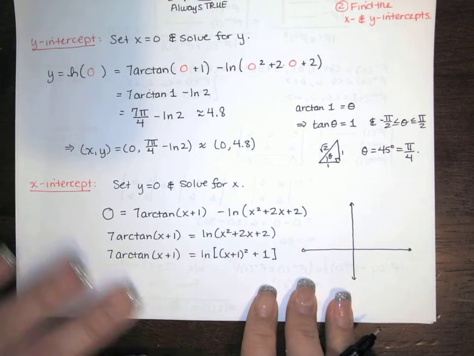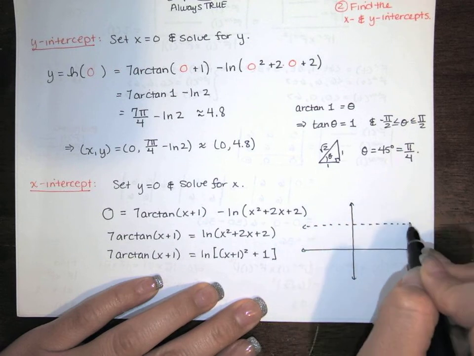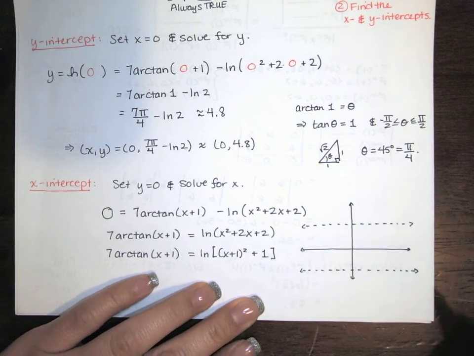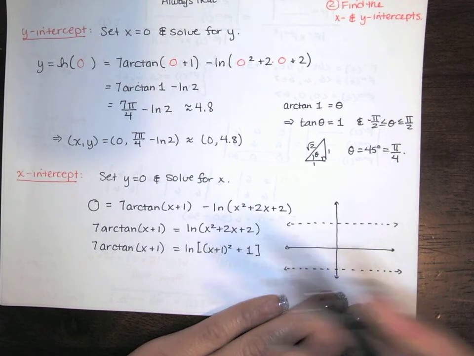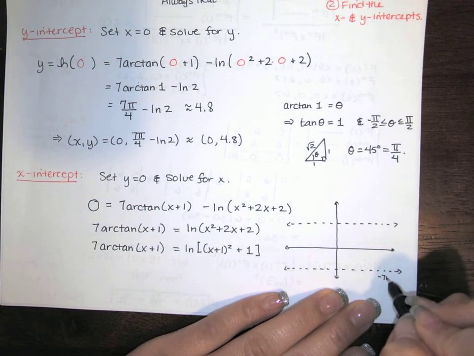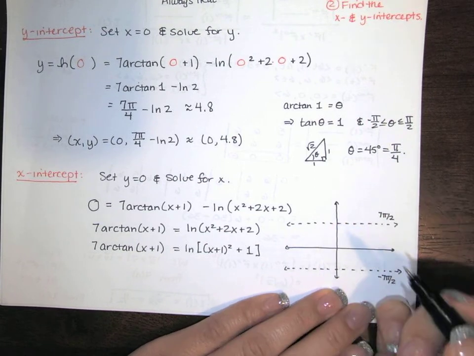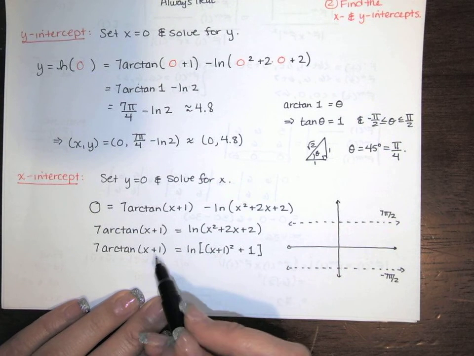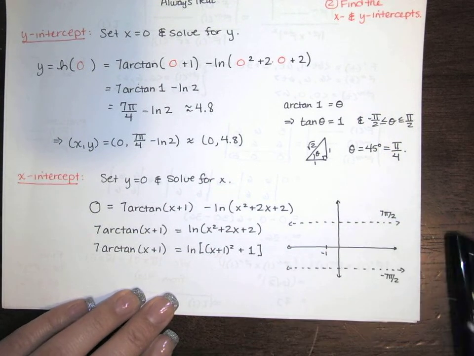7 times arctangent of x plus 1 looks like this. The traditional arctangent graph has a range of -pi/2 to pi/2. So when I multiply it by 7, it's just going to go from -7 pi/2 to +7 pi/2. And then adding 1 inside these parentheses takes my arctangent graph and shifts it 1 unit to the left, like this.